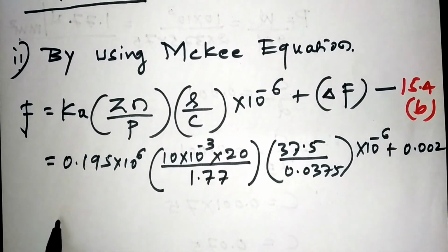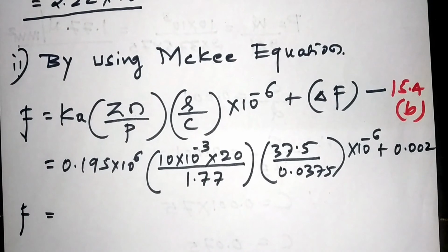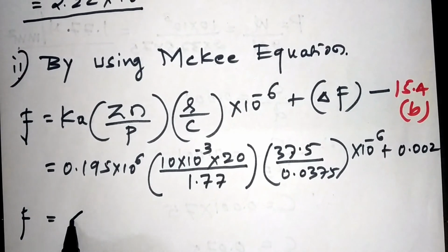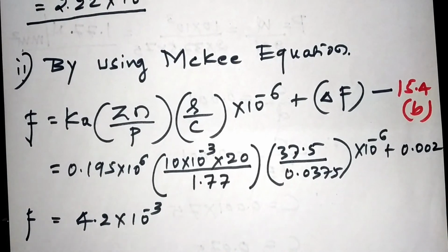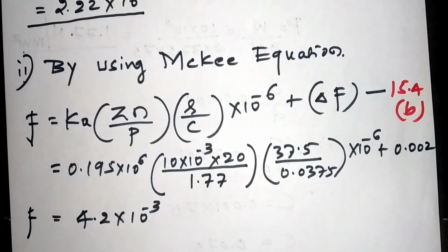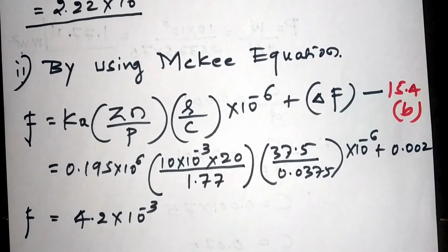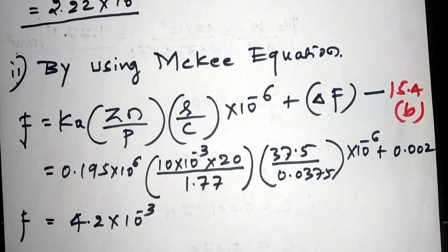After calculating this, I'll get the value of F from the Mackey equation as 4.2 into 10 raised to minus 3. So this is the value of coefficient of friction by the Mackey equation. So in this video what we learnt is we found the coefficient of friction by using the Petrov equation and Mackey equation.